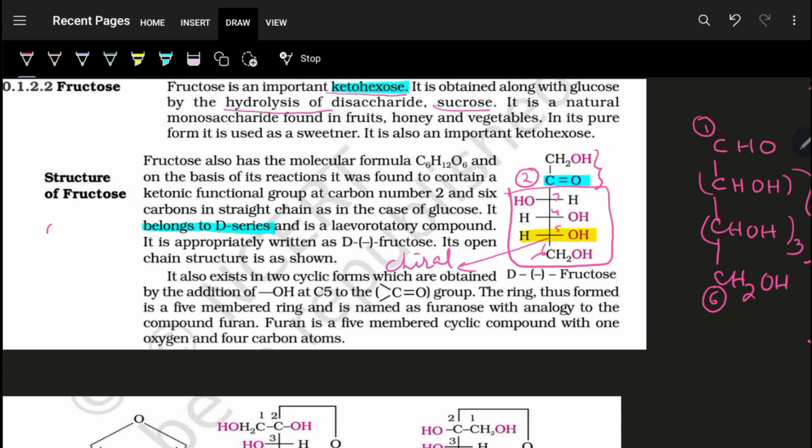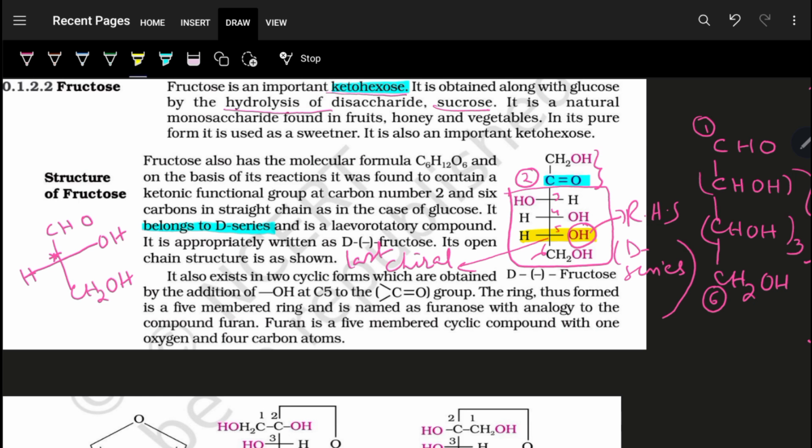So in D plus glyceraldehyde it was like this. It is CH2OH, and here it is OH and here it is H. So this is the chiral carbon. And in fructose, you can see that the last chiral carbon is having OH on the right hand side, and hence it belongs to the D series, D configuration.